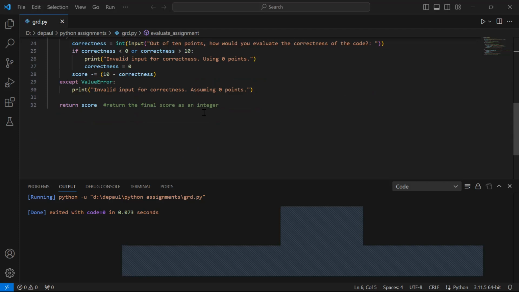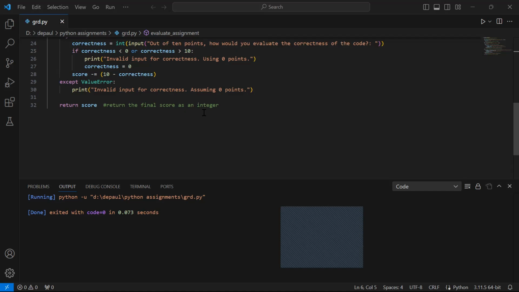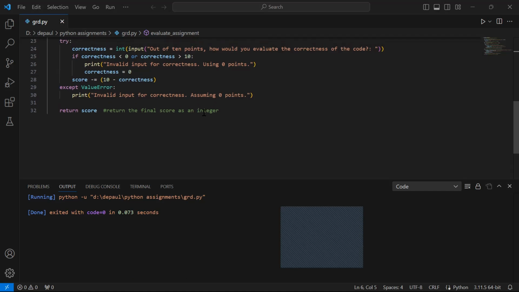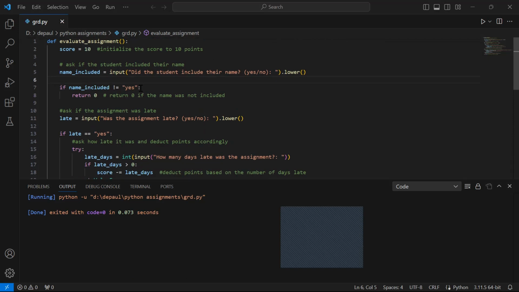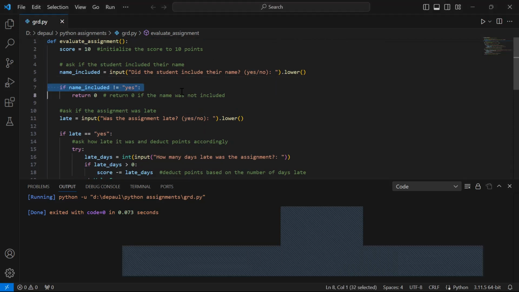So if you look here, how does the function stop asking questions when the user fails an early condition and return 0? After asking if the student included their name, the program checks if the input is not yes, like here we have checked, and if so it returns 0, which means the function stops executing and the result is 0, like return 0.